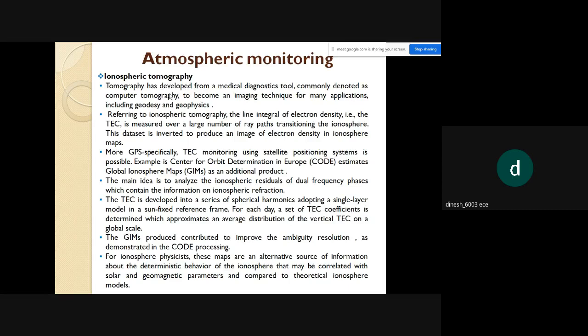In atmospheric monitoring, these maps are used by ionospheric physicists as an alternative source of information about the deterministic behavior of the ionosphere, which is correlated with solar and geomagnetic activity.